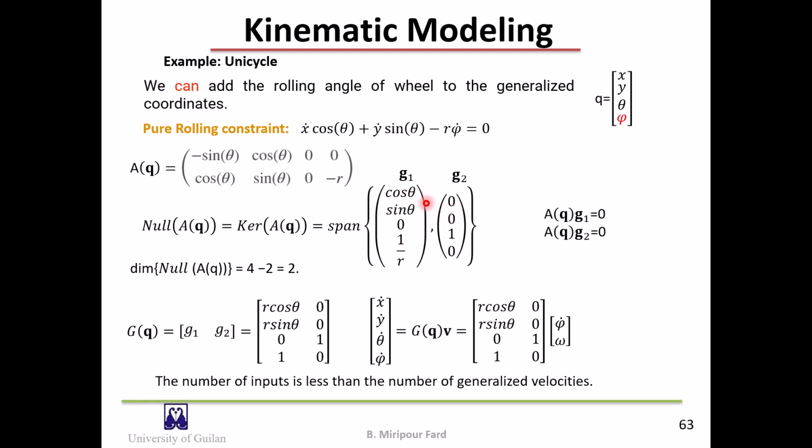And using G1 and G2, we can finally obtain G. Note that in this case, omega and phi dot are the actions. The last row of this equation is trivial. In fact, this row was created due to the use of the pure rolling constraint.